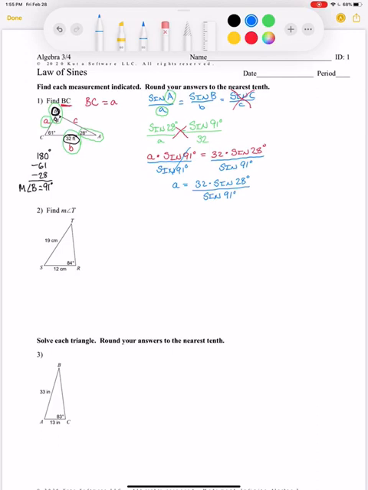And you can put this all in your calculator. So 32 times the sine of 28. And then we're going to divide that by the sine of 91. And we're going to have side A equals 15.025. It asks us to round to the nearest tenth, so A equals 15.0 feet.